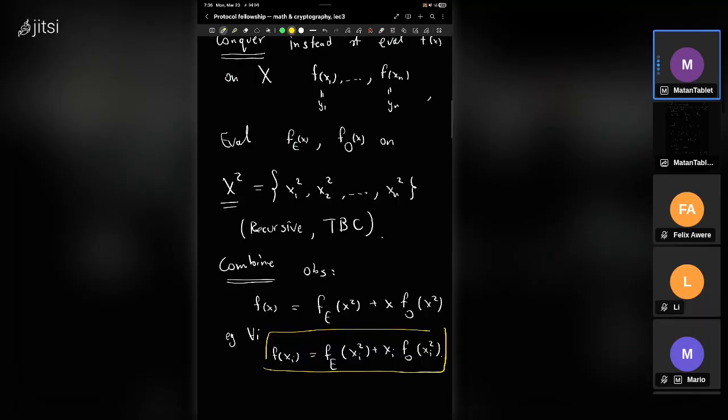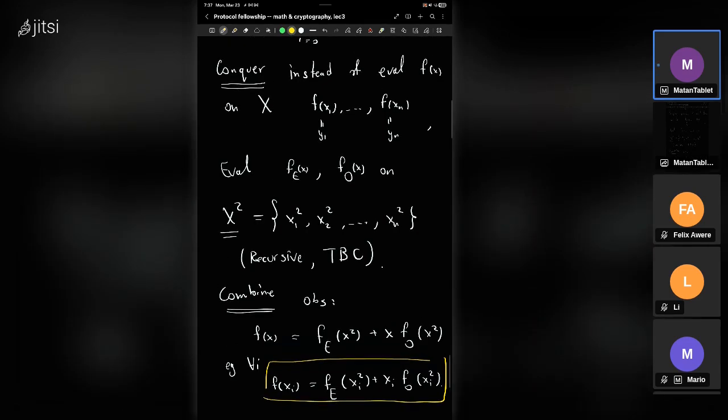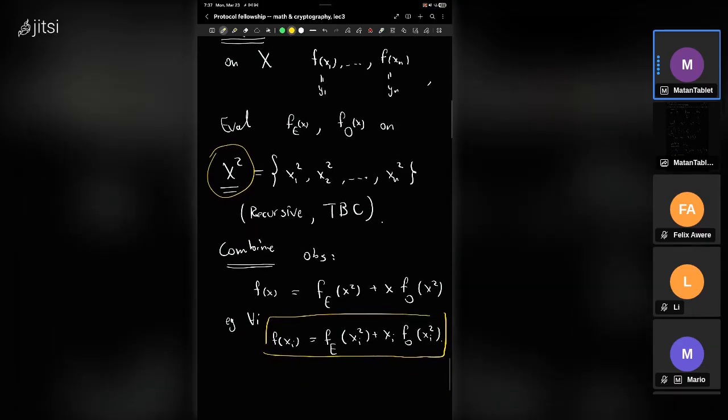I do the formula here on the right, and I know that I get f of xi. So if I was able to do the conquer stage, to evaluate Fe and Fo on this strange set x squared, all the squares of the original sampling set, then I'm in business. I can calculate f of xi.